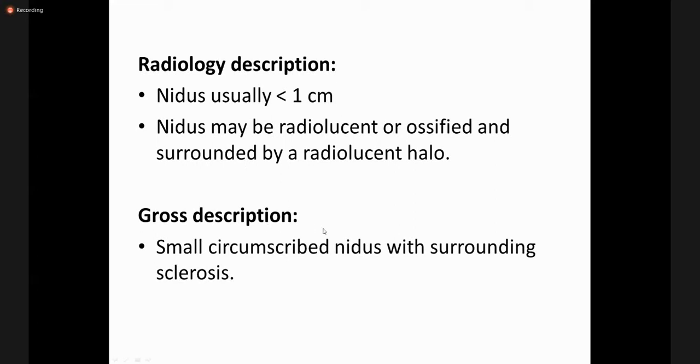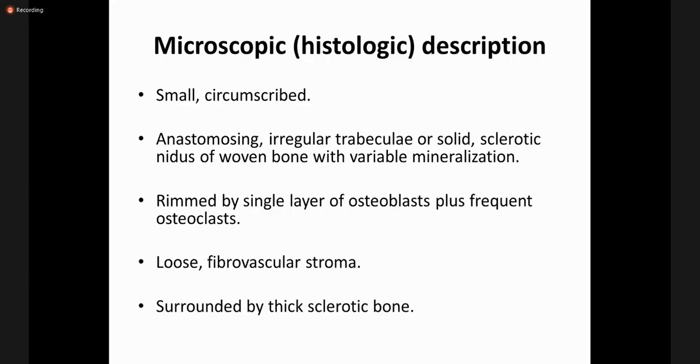On gross description, these tumors are small circumscribed nidus with surrounding sclerosis. And on microscopy, these are circumscribed tumors, and they have anastomosing regular trabeculae or solid sclerotic bone with variable mineralization.